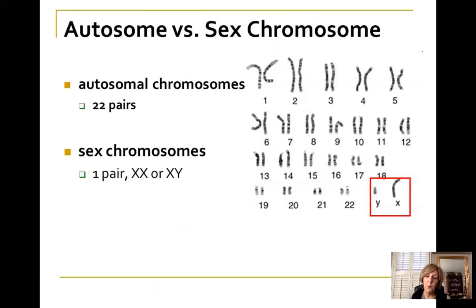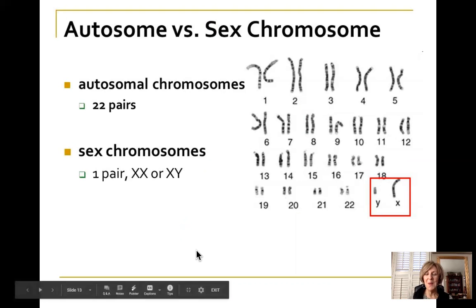So when we see a karyotype, we can very clearly see that 22 of the pairs are just regular chromosomes, and we call those autosomes. The 23rd pair is what determines gender, but there are also some other genes on this X chromosome that are necessary for life.